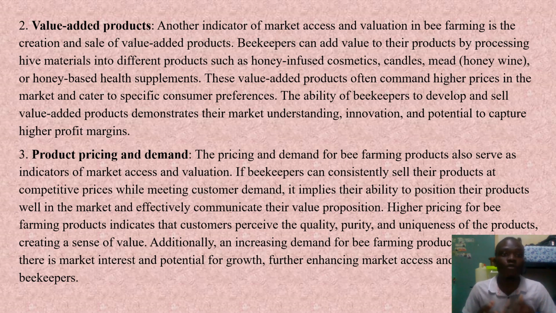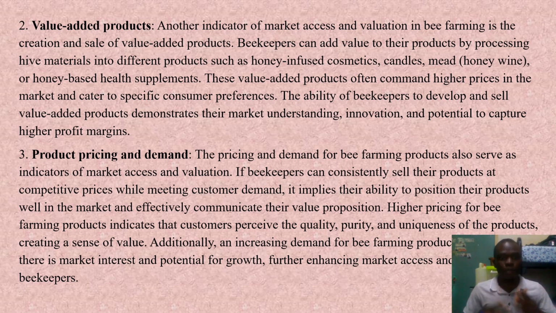If there is value addition in the product that has been produced, take, for example, honey infused cosmetics, candles, honey wine, among others, it implies that there is success in the project.